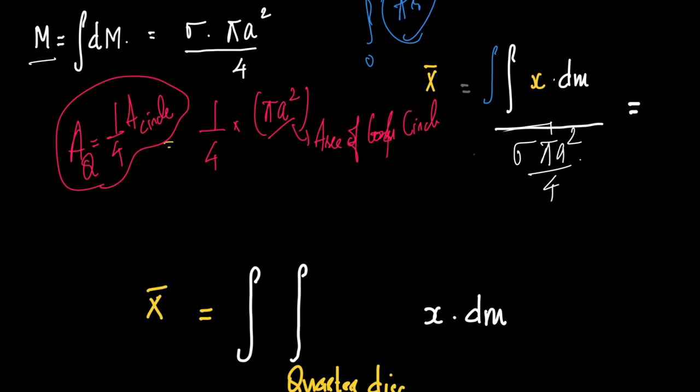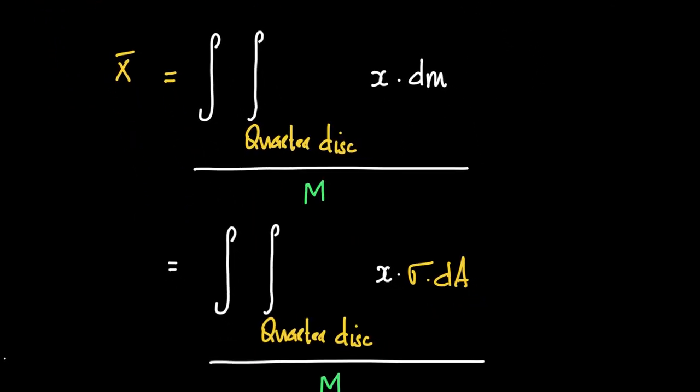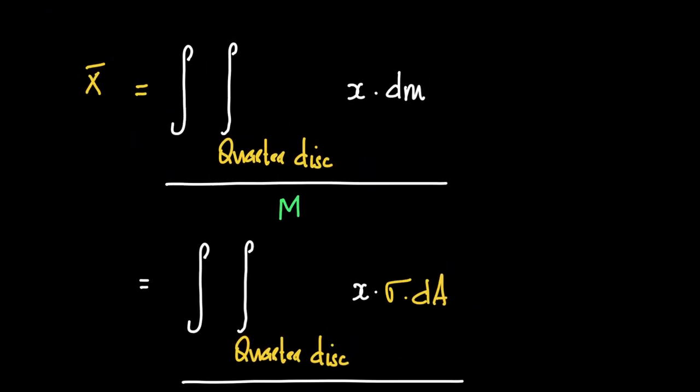Okay, so if we write it one more time, this becomes x bar is equal to double integral over the quadrant of disk of x dm divided by m.